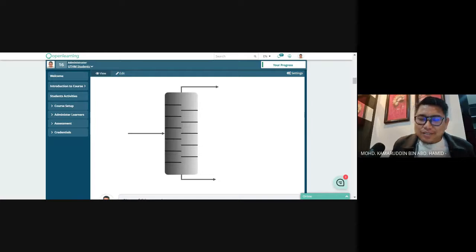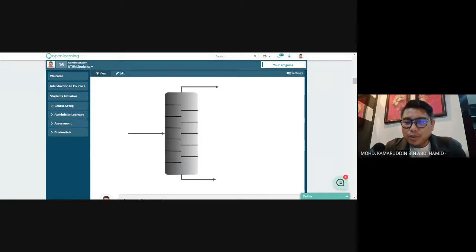Okay guys, please take notes that this is not a distillation column. It's a column but not a distillation column. This one, kalau tengok dalam buku teks, kita panggil dia sebagai absorber. Betul kan?